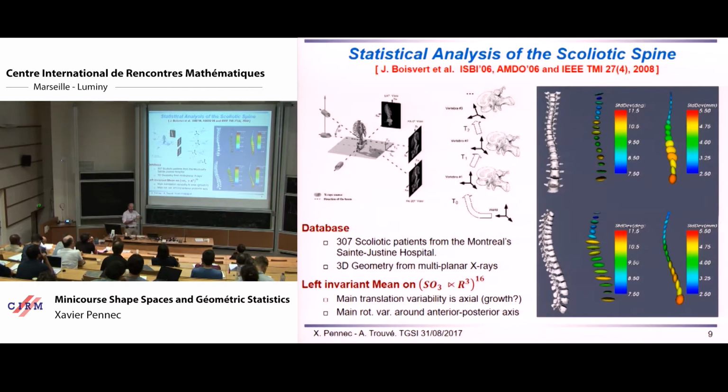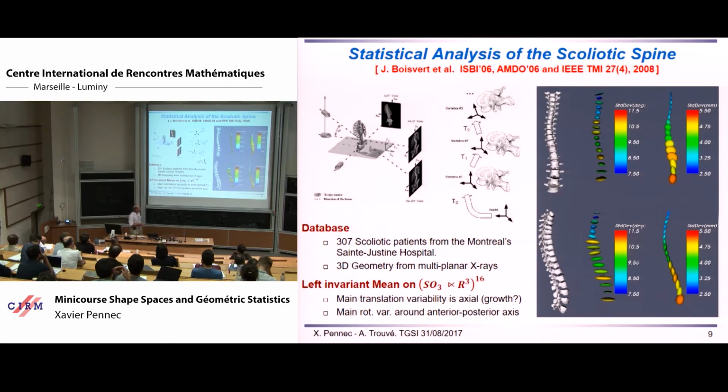So what we did is to encode the relative position and orientation of the different vertebrae. It means that we have a rigid body transformation at each of the joints here. And now we have to do statistics on the Euclidean group to the power 16.